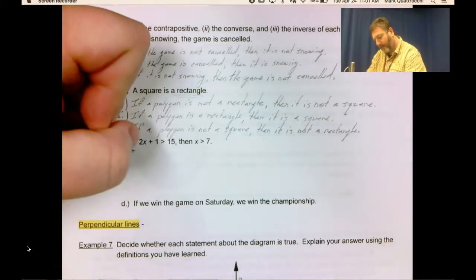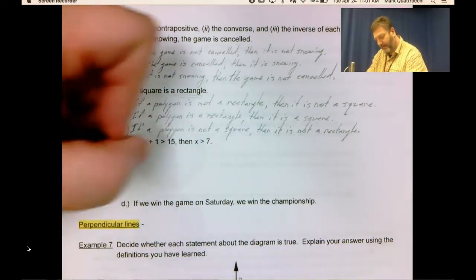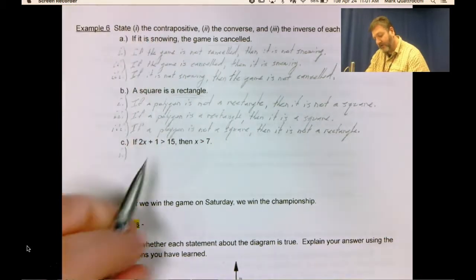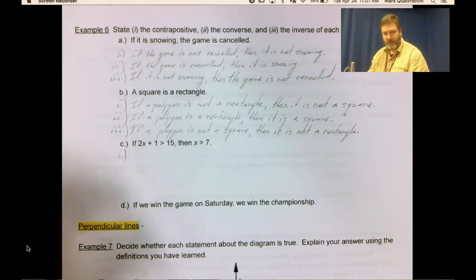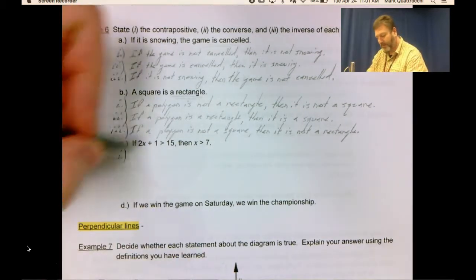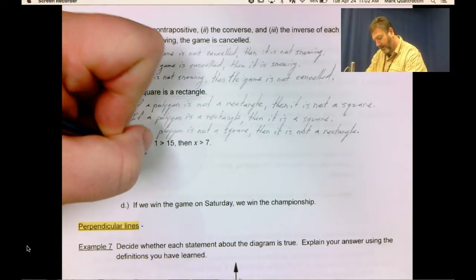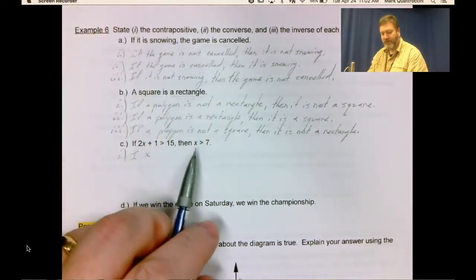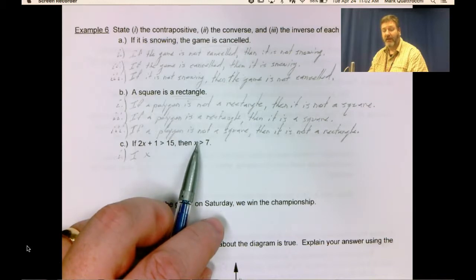Roman numeral 1. Contrapositive. Switch them and negate them. The negation here is going to be a little bit tricky. You just got to pay attention to a small piece. If x, so the negation of x is greater than 7. What's the opposite of x is greater than 7? The opposite is x is less than 7.